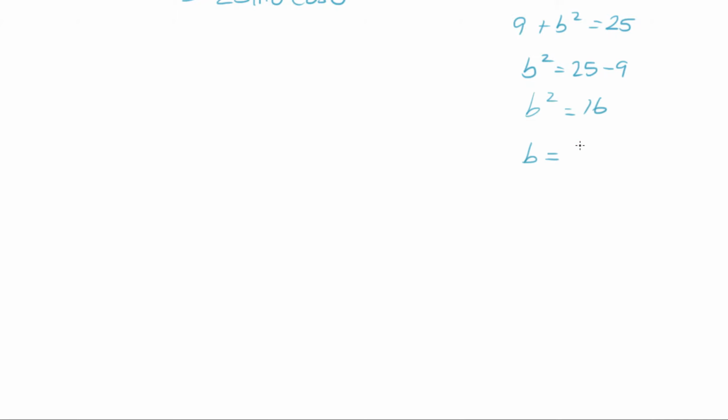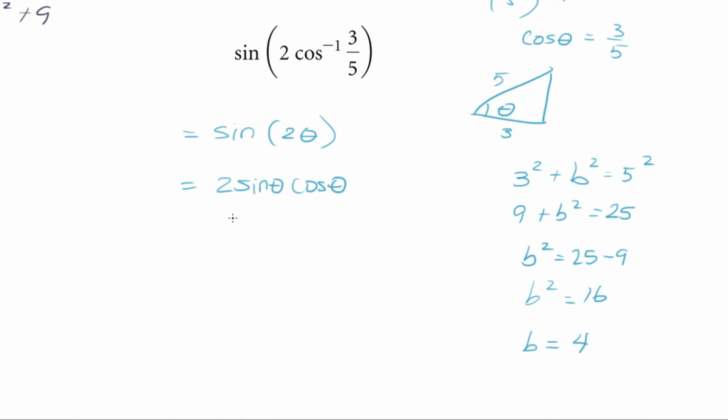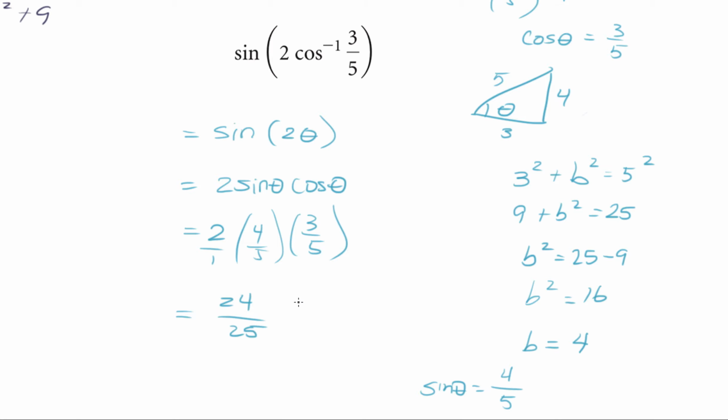And b equals 4. Okay. So sine of theta is opposite, which is 4 over 5. So this becomes 2 over 1 times 4 over 5 times 3 over 5, which gives you 12 times 2, 24 over 25. And that will be your answer.